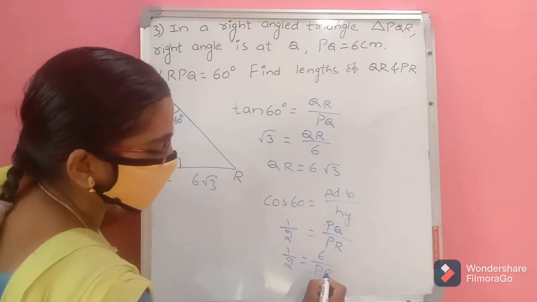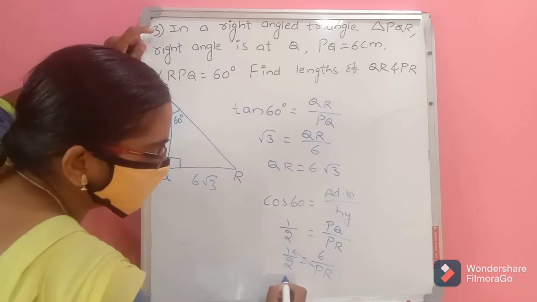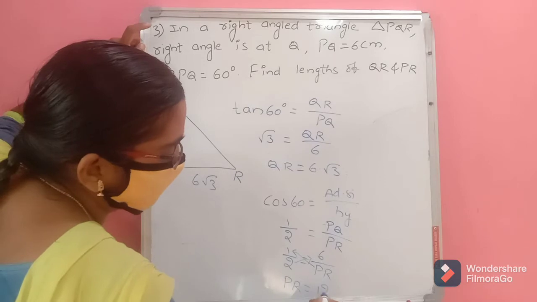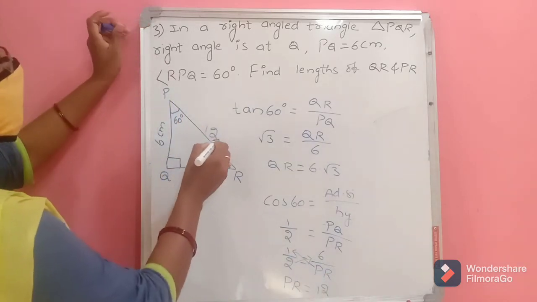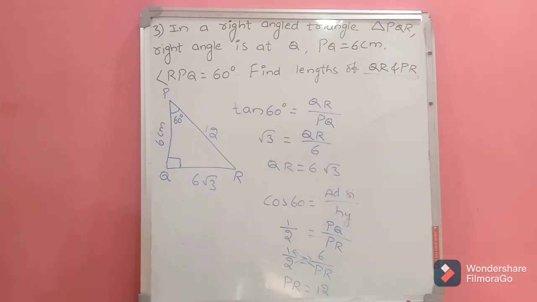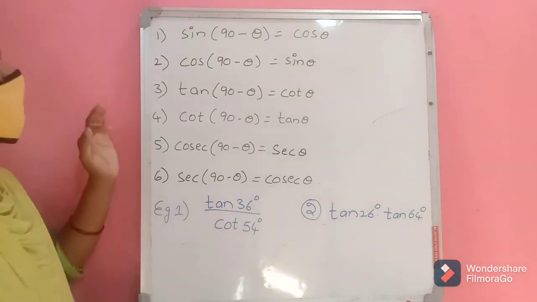We don't know PR, we have to find out. Transpose PR to this side: PR into 1 is PR. Transpose the 2 to this side: 2 into 6, 12. So PR is 12. So we found QR is 6 root 3 and PR is 12.